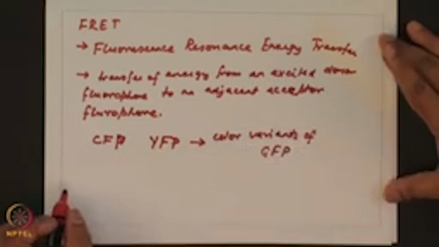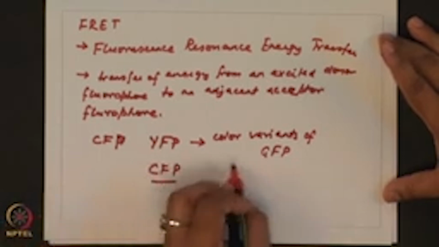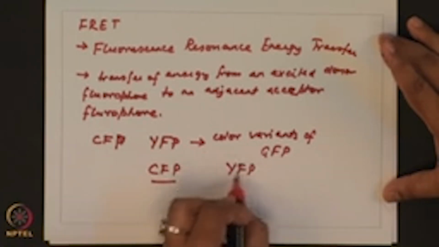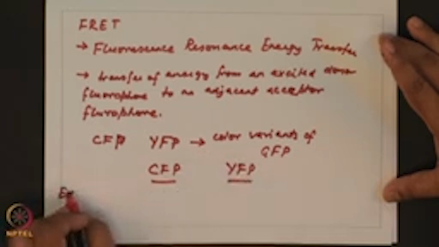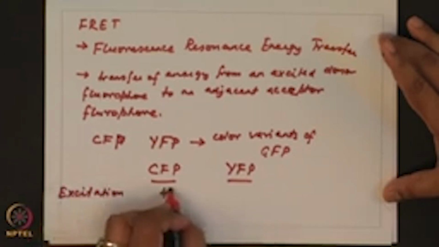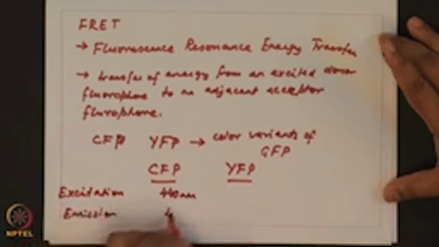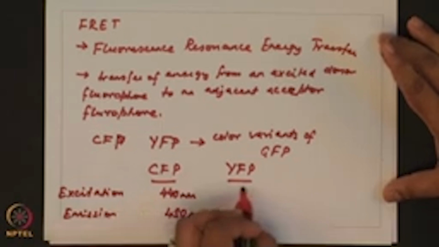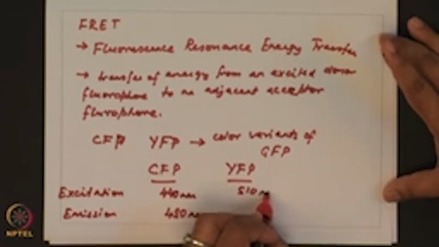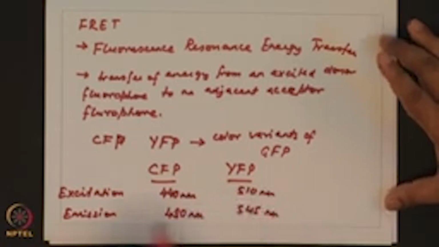For CFP, the excitation is at 440 nanometers and the emission is at 480 nanometers. The excitation peak for YFP is 510 nanometers, and the emission is at 545 nanometers.